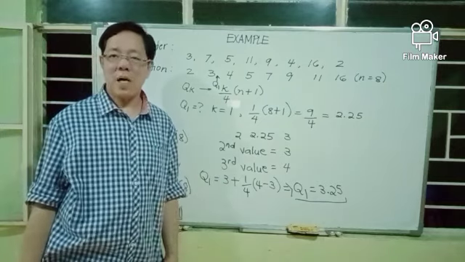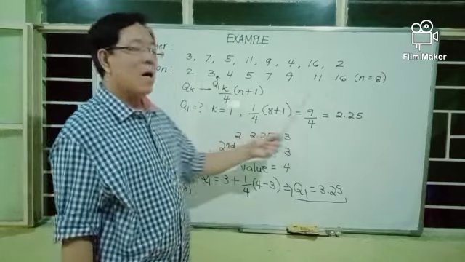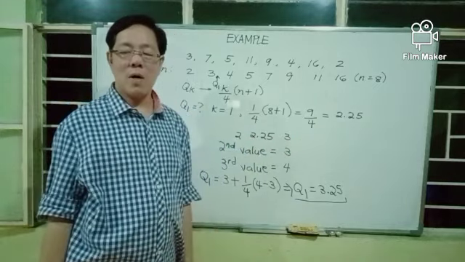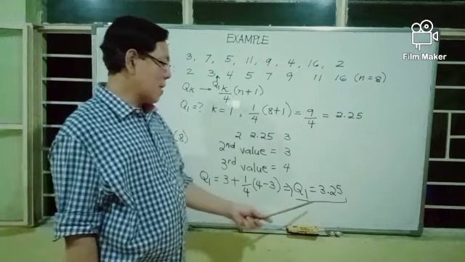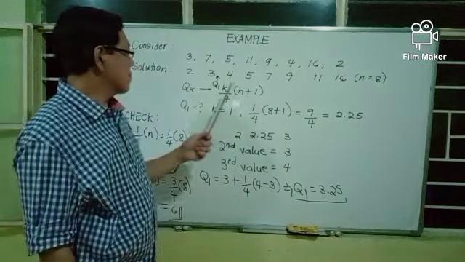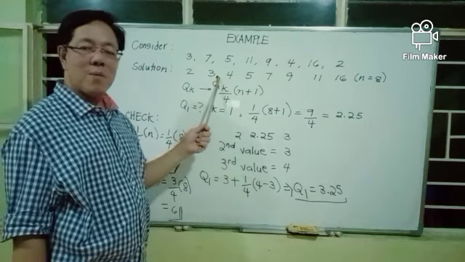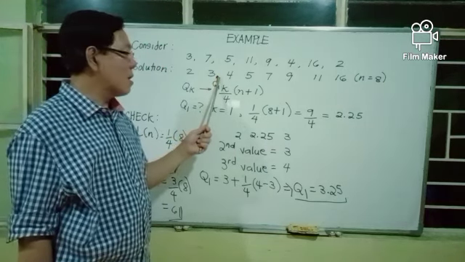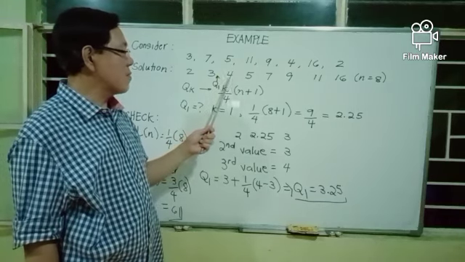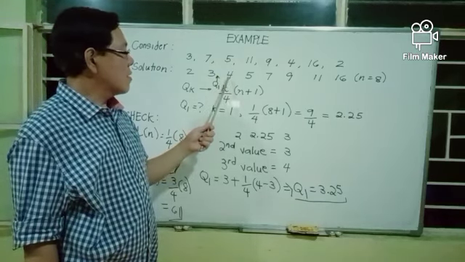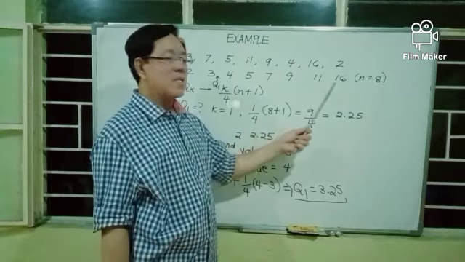The maximum is 6. So let us count from this ordered arrangement of values. How many values are greater than 3.25? Q sub 1 is here, 3.25. The number of values greater than 3.25 are 4, 5, 7, 9, 11, 16.